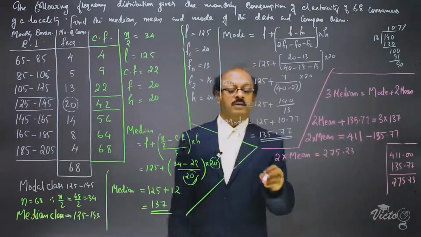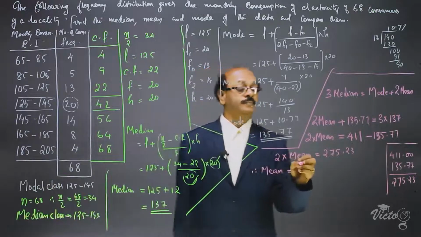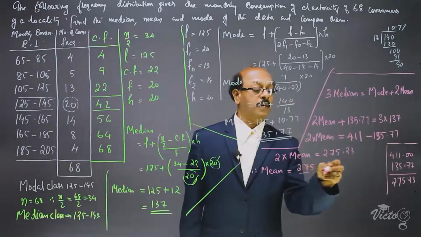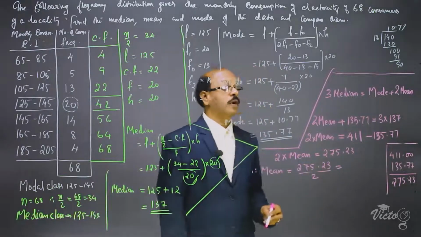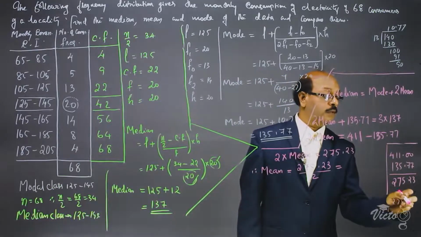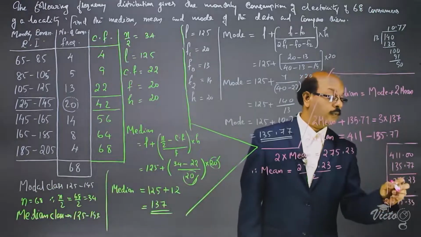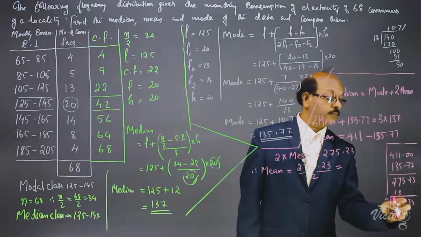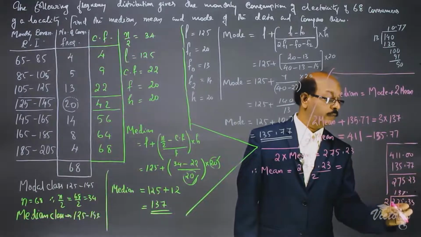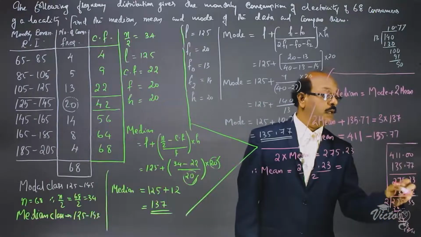Therefore, mean is equal to 275.23 divided by 2, so we have to divide 275.23 by 2. 13 2s are 26, 7 2s are 14, remainder 1, 6 2s are 12, again 6.